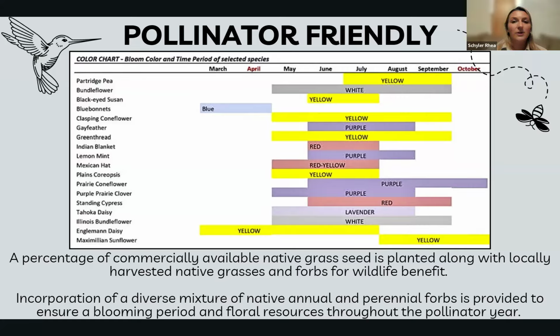So when you're creating a mix and planning to seed, you want to take into account all these different items to make sure that you're selecting the best seed that's actually going to do the best.